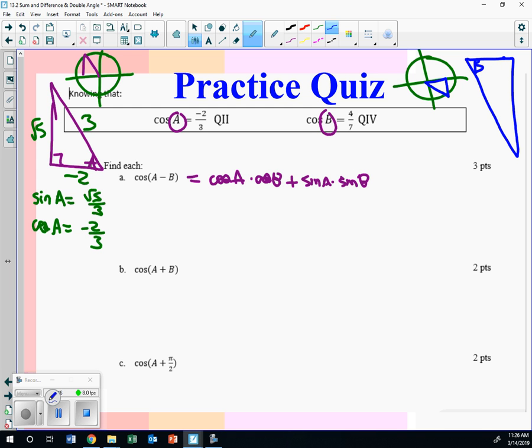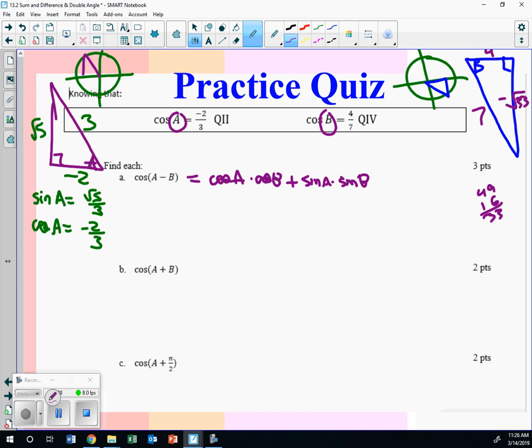Here's B, and the cosine is 4 over 7. Then 49 minus 16 is 33, so this will be negative square root of 33.